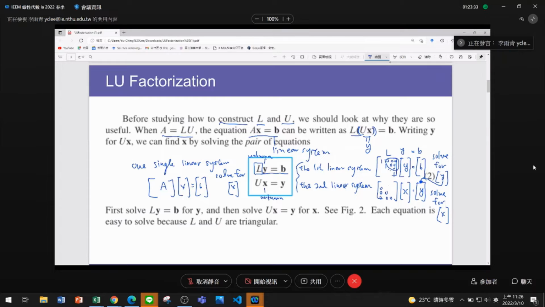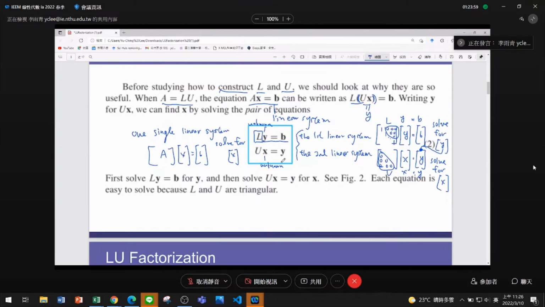For the same reason, in Ux equals y, all the bottom left corners are zeros. So when we do the multiplications and meet zeros, the result is zero. That's why solving these two linear systems is more efficient than the one single linear system.